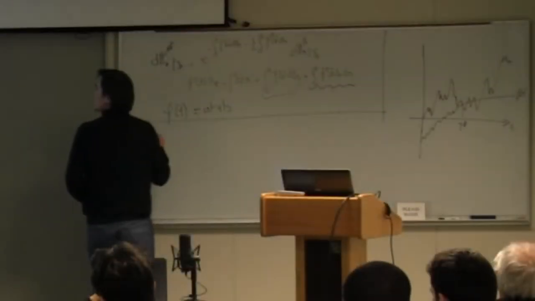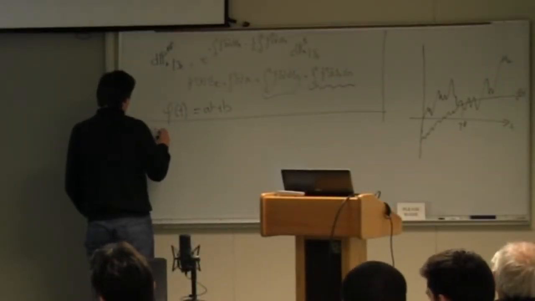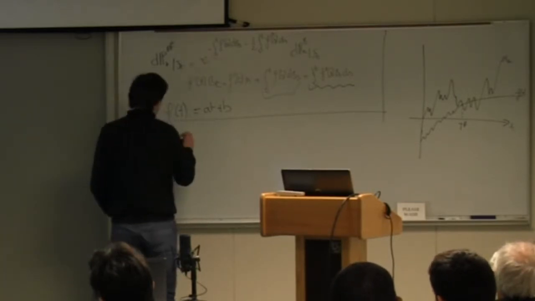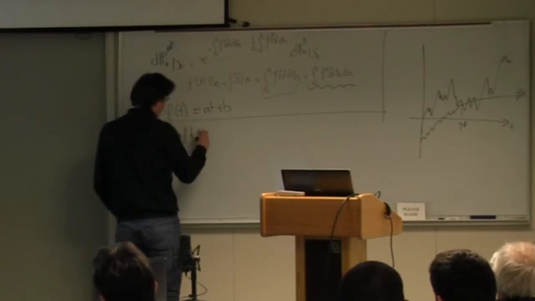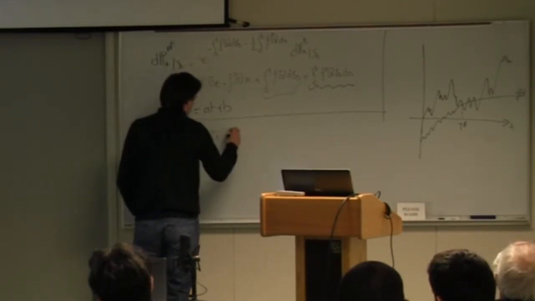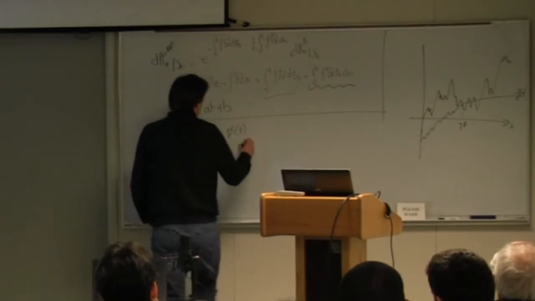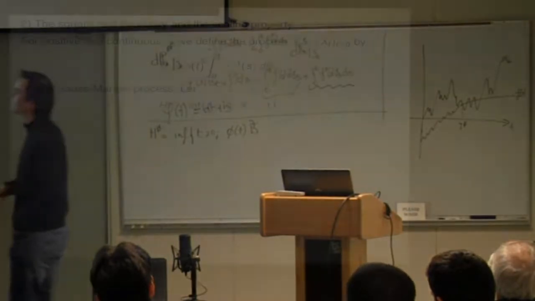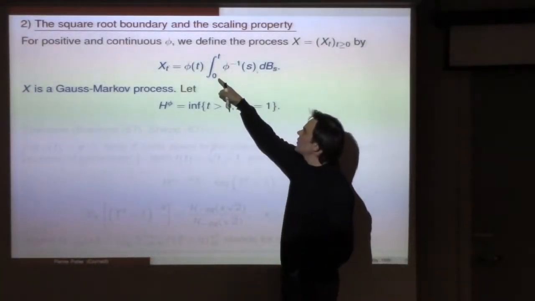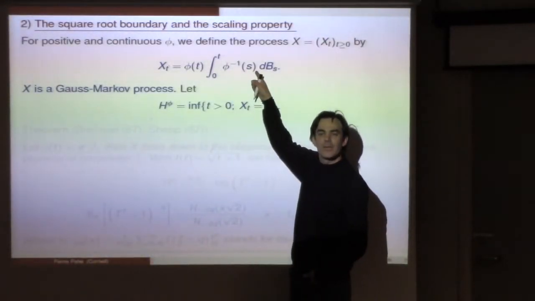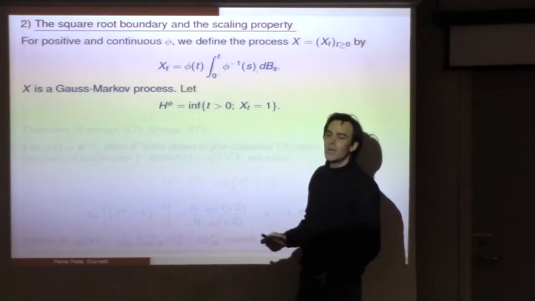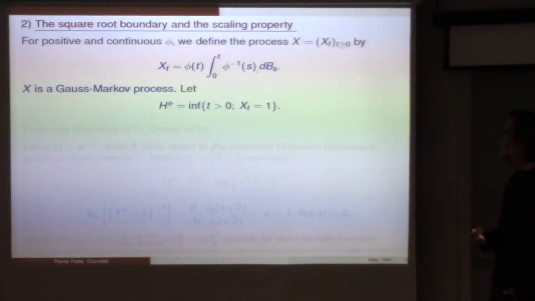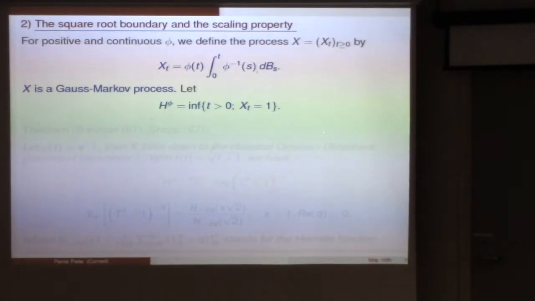The connection between these two problems is simply that you can use the Dambis-Dubins-Schwarz theorem, which says that here you have a Gaussian martingale. Its stochastic integral is a martingale, and it can be written as another Brownian motion, time changed by the quadratic variation of this integral.